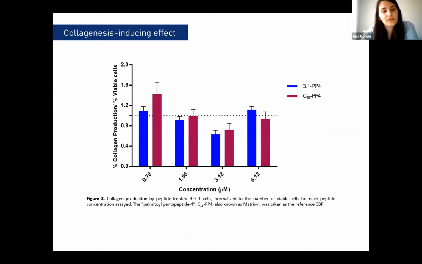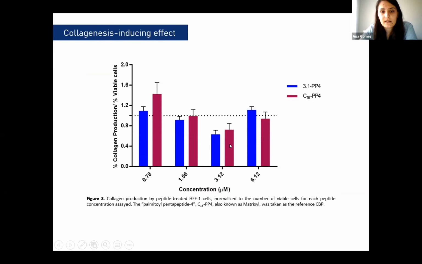So we go further and we assess the collagenase-inducing effect of the peptide. And we made it in vitro using human fibroblasts. And as a reference, we use the palmitoylated form of the collagen-boosting peptide used in the cosmeceutical industry. And the results are expressed in amount of collagen produced per viable cells.